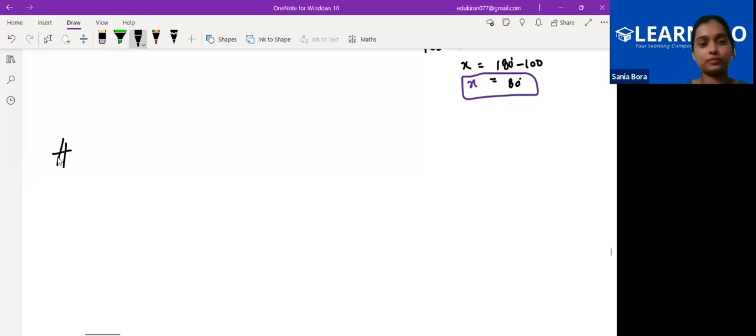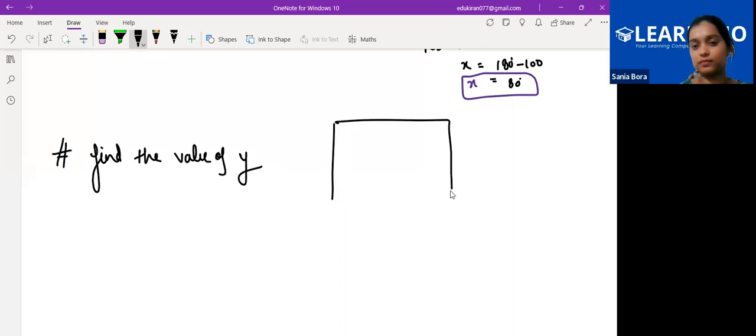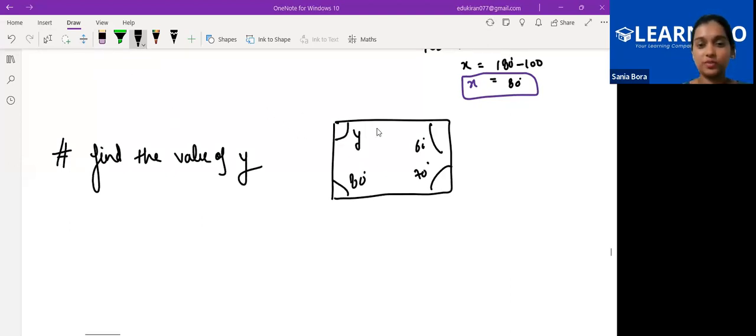Now find the value of y. The angles are 60, 80 and 70. Let me just make a cute diagram first, otherwise people will be confused. Write this as your heading: Find the value of y.